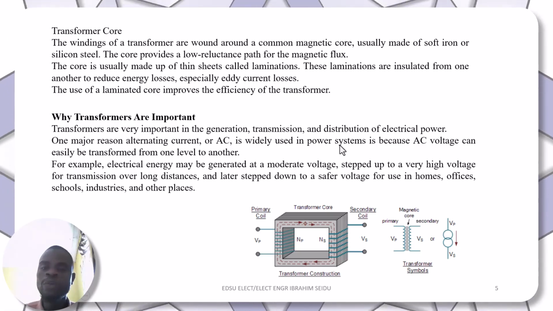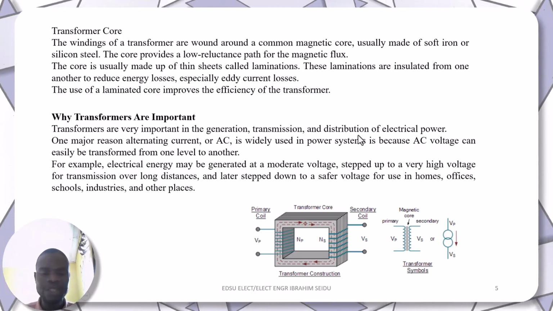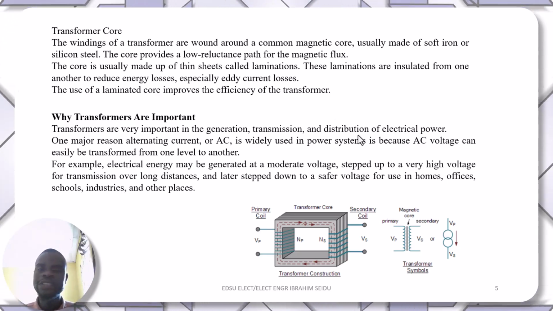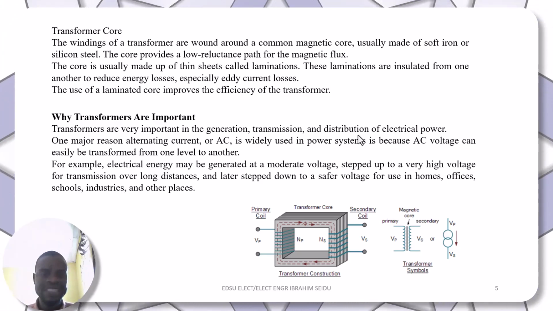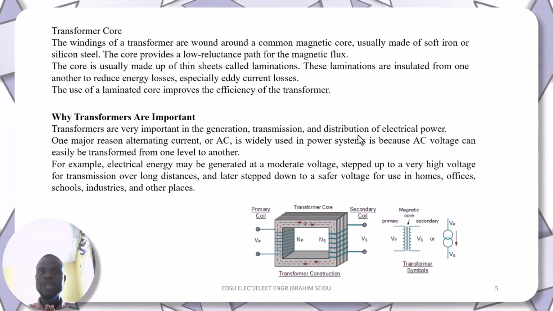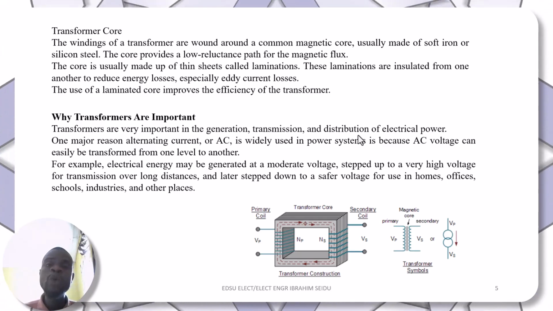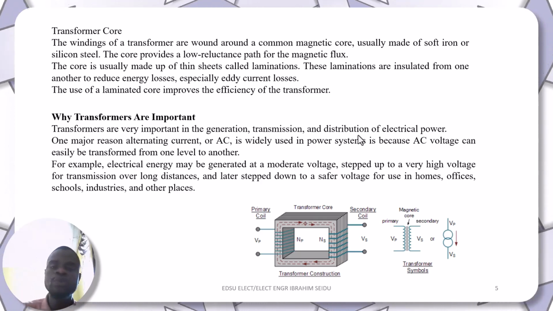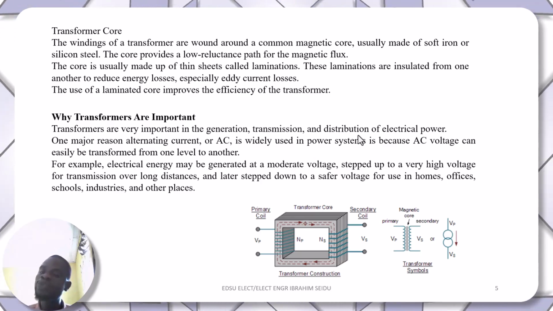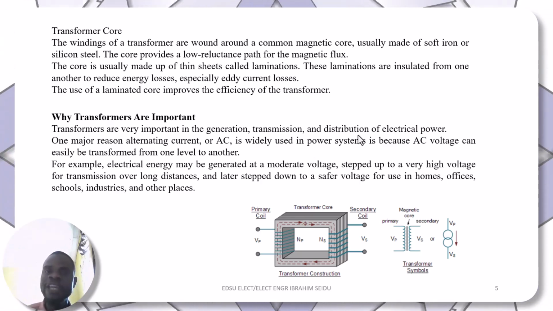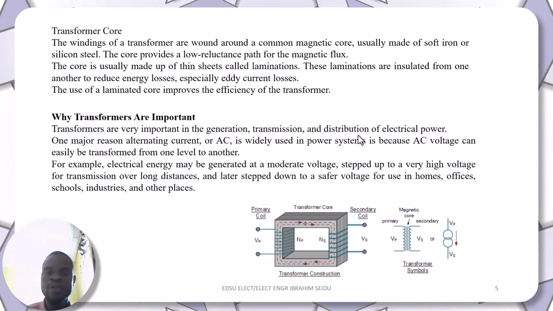Then when you come to your distribution section, after the electricity has been transmitted, the transmitting voltage is too high for consumers to consume, so they need a transformer to step it down again to a voltage that they can consume.